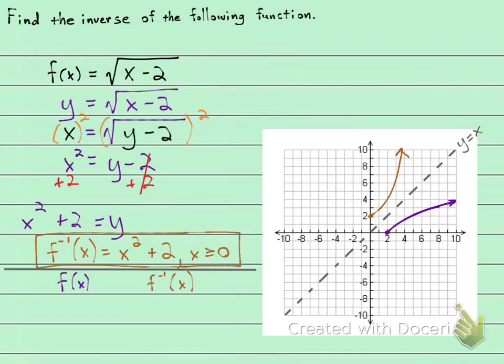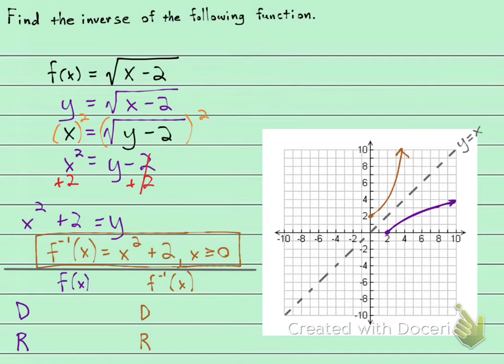Adding to this, we know that the domain and range for the original function will switch with the domain and range for our inverse function. So I'm going to go ahead and list them here. You can see that the domain for the original function, the purple, is all your x values. It starts here at 2 and goes on forever to the right.